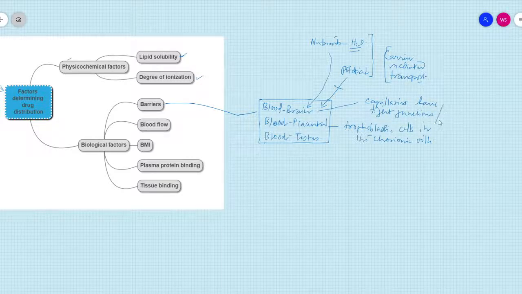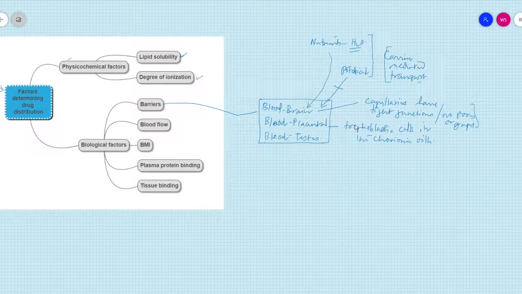So there are no pores or gaps, and this basically prevents potential toxins from entering the brain.